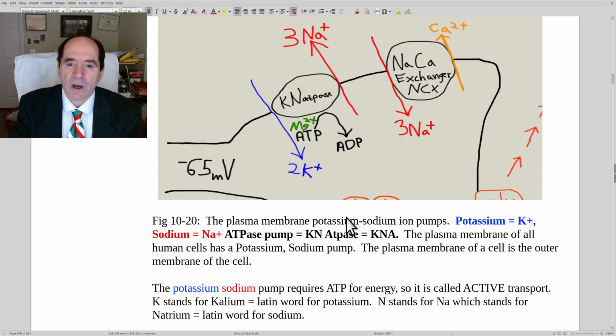Okay, now we're going to talk a little bit about the plasma membrane sodium potassium ATPase. And this is super important. What we need to know about it is relatively straightforward. I drew this, that's the resting membrane potential of a neuron, but here's the point. The potassium sodium ATPase pumps out more positive charge than is brought into the cell.